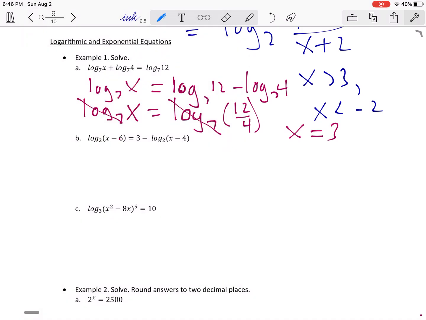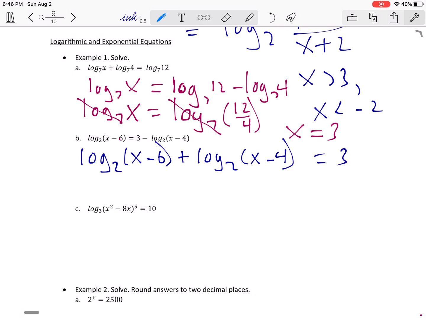Okay, let's look at the next one here. This time we've got x's on both sides, so let's put them together. So we've got log of x minus 6, and we'll move that log of x minus 4 from the left-hand side, so it becomes a positive. That's all equal to 3.